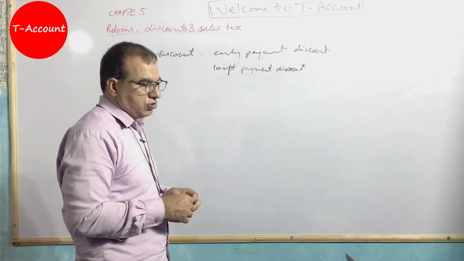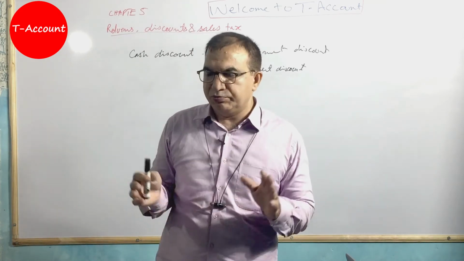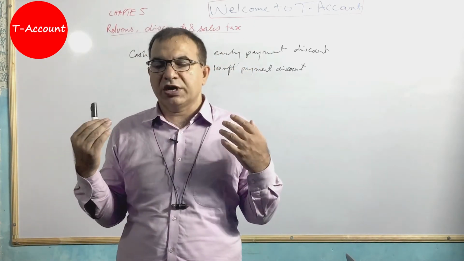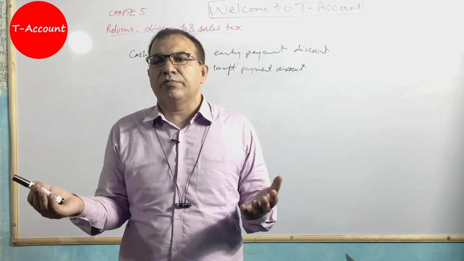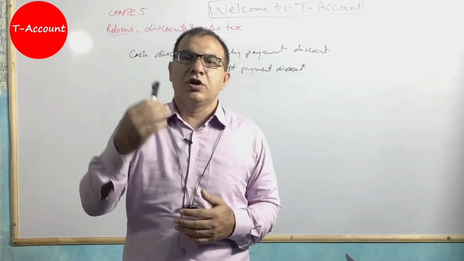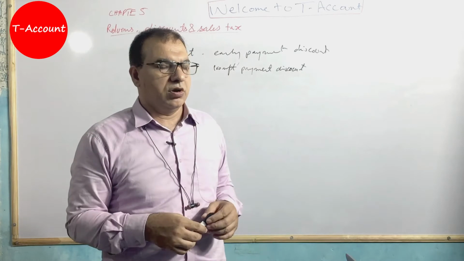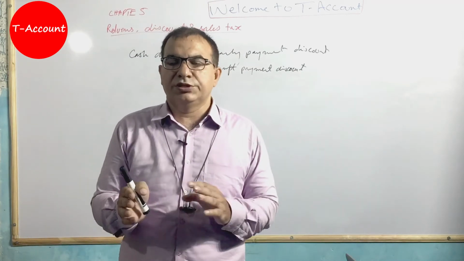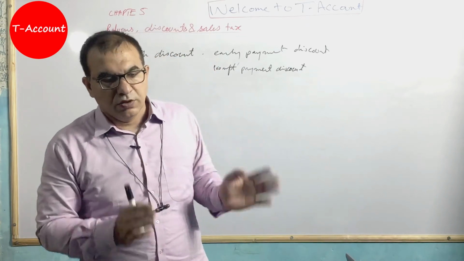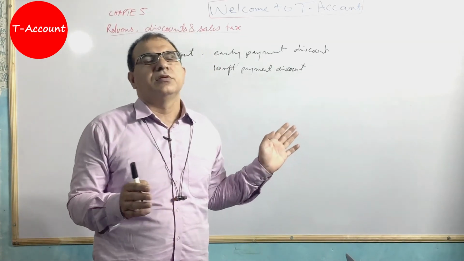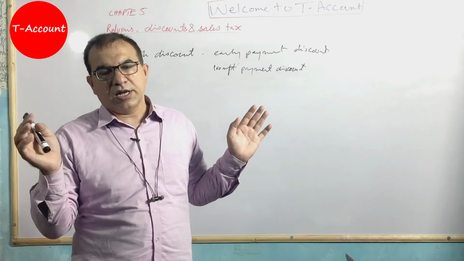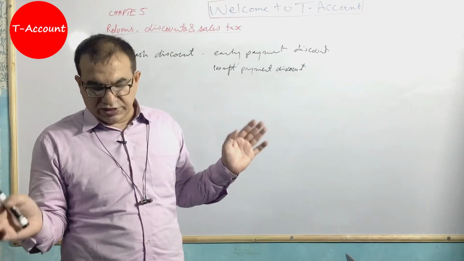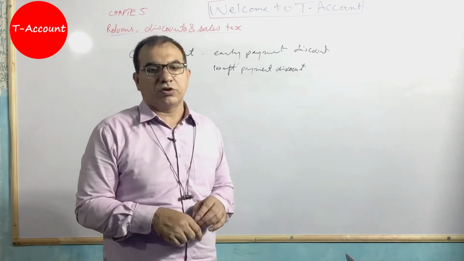But this is not known at the time of sale, like trade discount. We were aware when the customer booked an order for more than 1000 units that we are giving them this discount, and we knew the value of this. But for this discount, until they come and pay, you will not know whether they are going to get this discount or not.